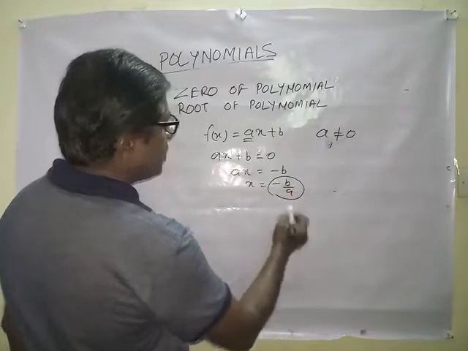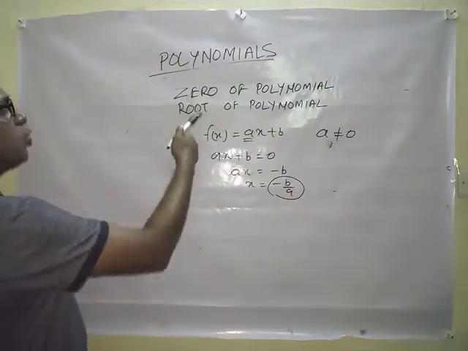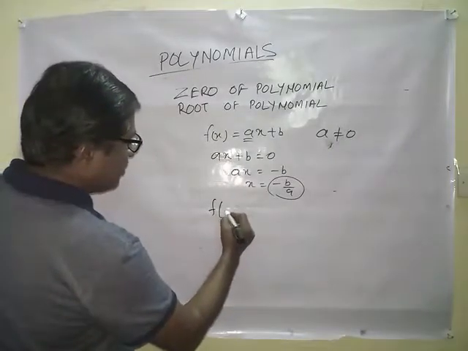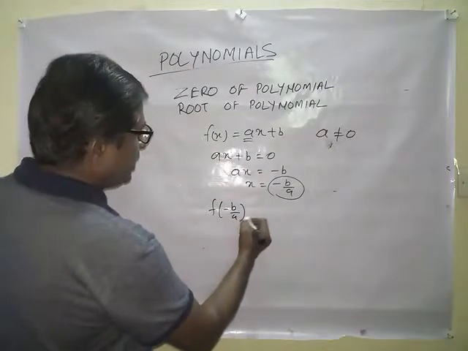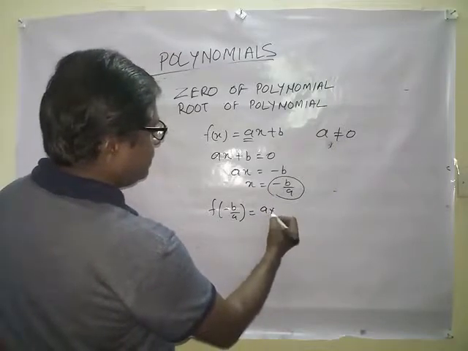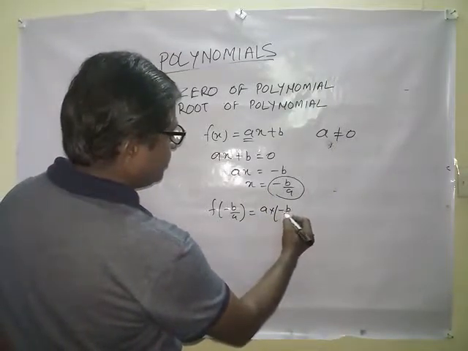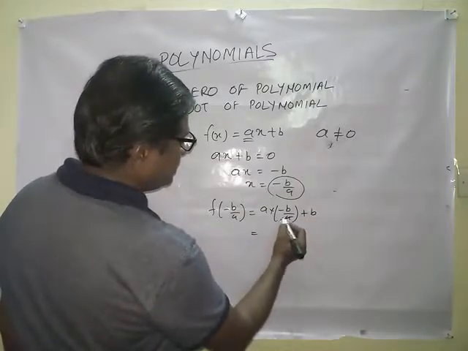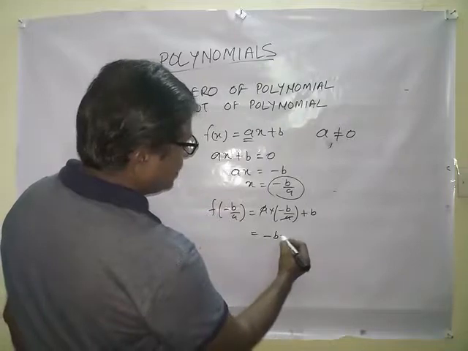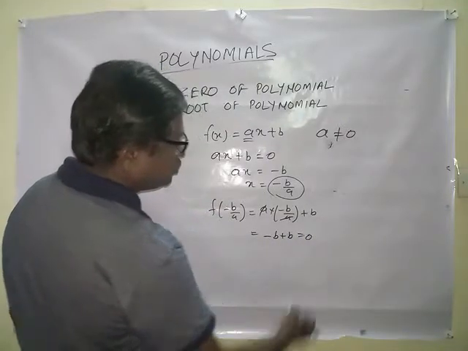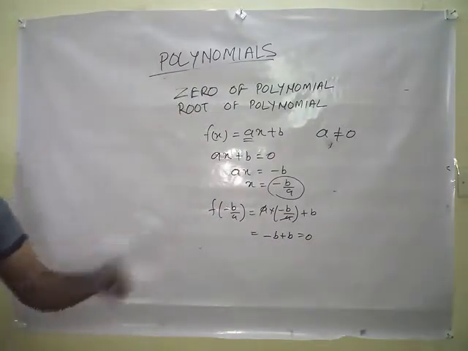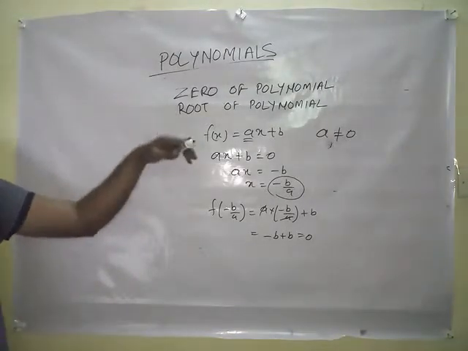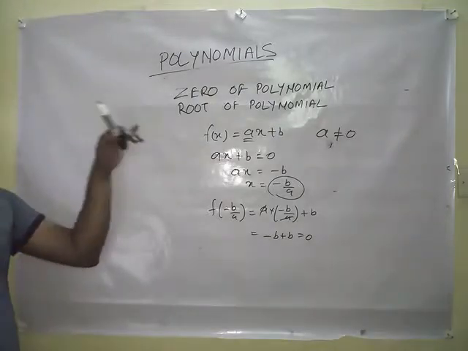So minus b upon a is the zero or root of this polynomial equation. Now let us place f of minus b upon a: a multiplied by minus b upon a plus b. This a and a will get cancelled. Minus b plus b equal to 0. So that is how you can find out the zero or root of a polynomial equation.